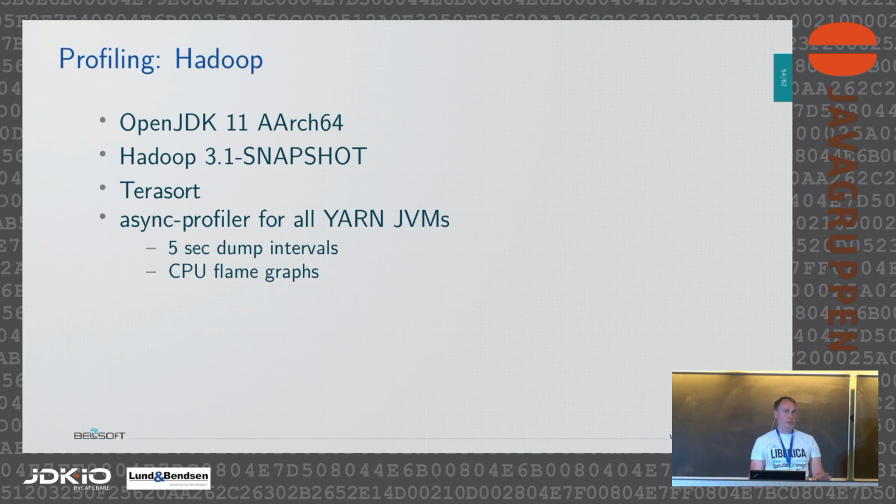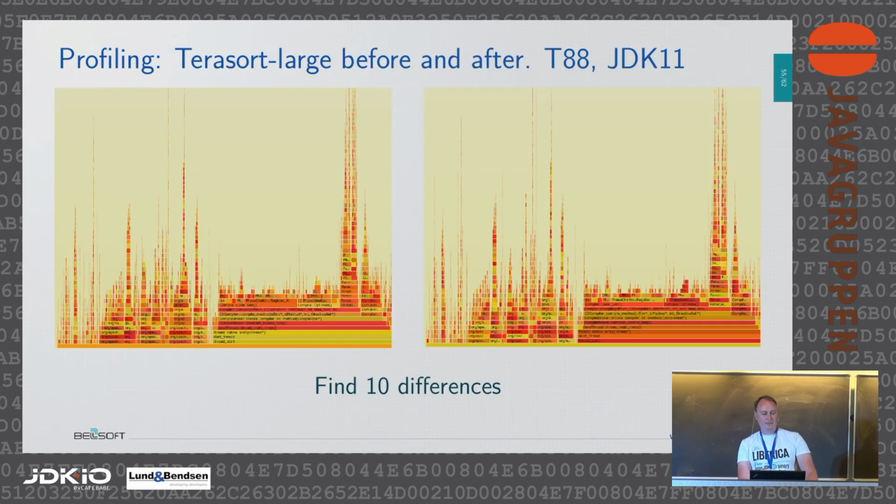So, for example, we took a Terasort workload, which is probably not so dependent on CRC calculation, but still, we wondered if we'd see something there. Okay, here are the CPU flame graphs. If you're interested, please ask me later what it means.